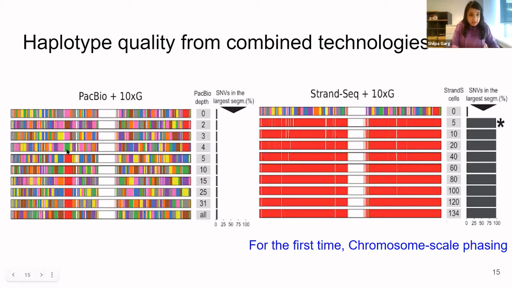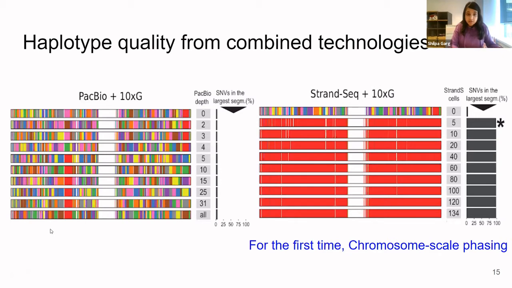So in these plots, each color represents a phasing segment. When I combine PacBio with the 10x data, by using all of the PacBio data, you see a lot of colors in the bottom that suggest the phasing is highly fragmented.